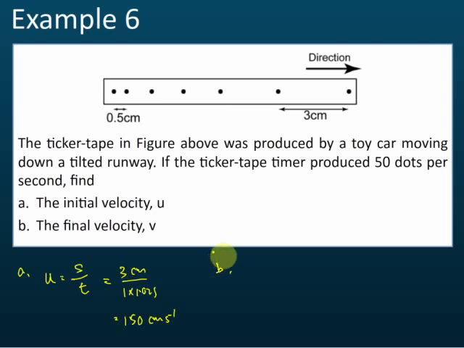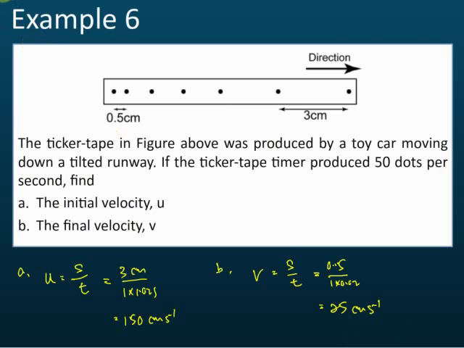B, final velocity. Again, for final velocity, we use the formula v equals s over t. The displacement is 0.5 cm, and the time taken is one tick, 1 multiplied by 0.02, which is equal to 25 cm per second.